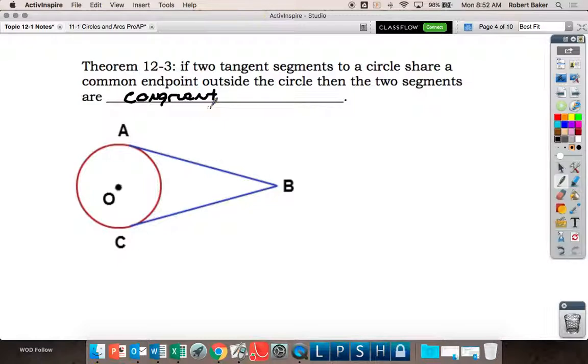So two main things. Tangent lines and radiuses are always perpendicular, and if two tangent lines share a common endpoint outside the circle, then those two segments are congruent. So now it's kind of remembering what's going on and putting that into practice.